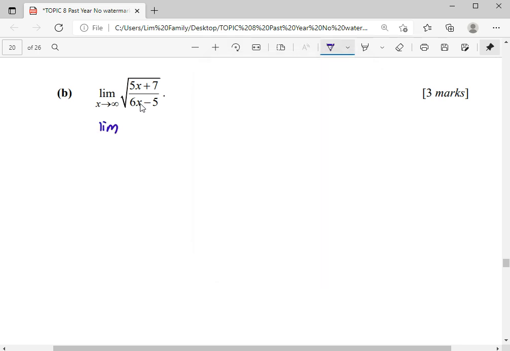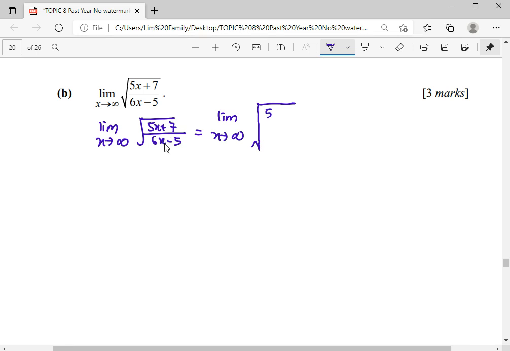So for this question, limit as x approaches infinity of square root of 5x plus 7 over 6x minus 5, we divide according to our surd. So our priority will go to the surd. You can see inside our surd here, the highest power is x. So we are going to divide by square root of x.